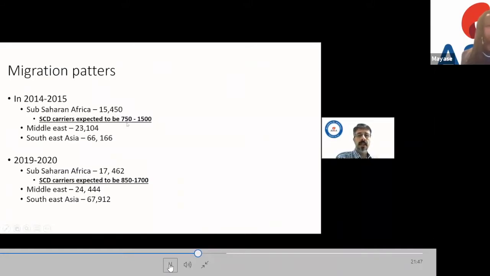But it's also important to realise that sickle cell carriers can have children with people from beta thalassemia endemic countries like the Middle East or Southeast Asia and have a patient with sickle cell disease. The increase in migration from those parts is not as dramatic as from sub-Saharan Africa, but it is increasing.